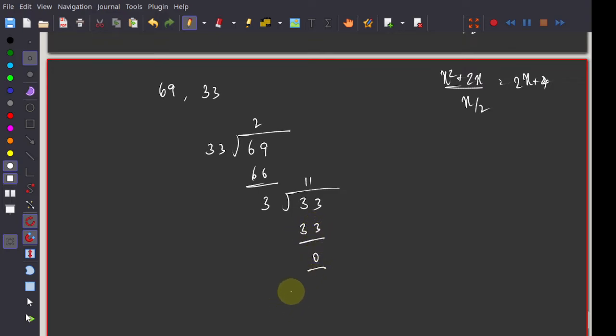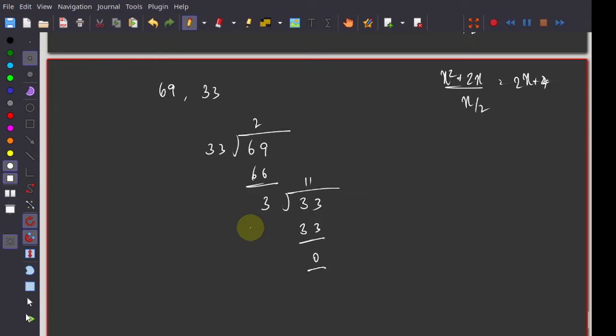If I keep proceeding this way, I first divide the bigger number by the smaller number, find out the remainder, and then I divide this divisor by the remainder, and I keep proceeding until I get a 0. The last non-zero remainder is going to be the GCD.